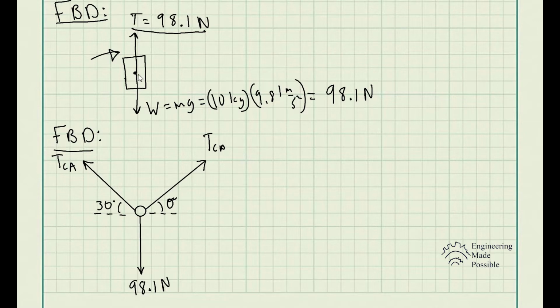When you're looking at it from the perspective of the cylinder, the forces have to balance. So the weight is going downward and the tension within that cable is upward because it's holding it up. But when you're looking at it from the perspective of the ring, it's holding down the cylinder. It's holding up the weight.